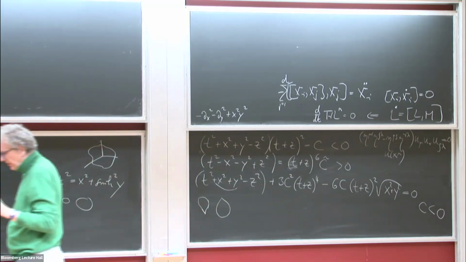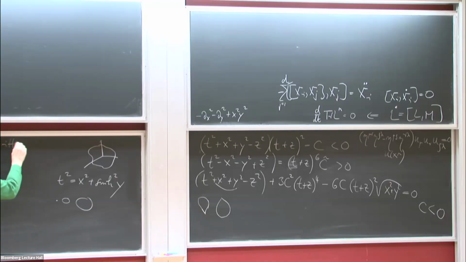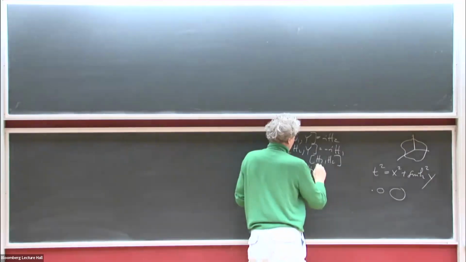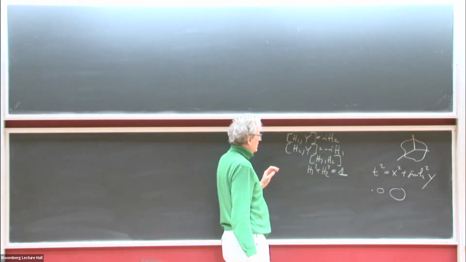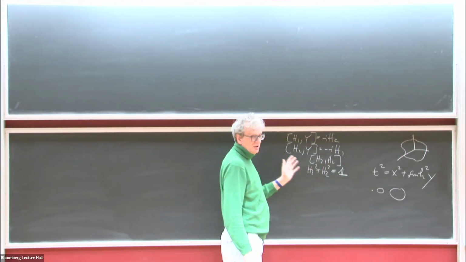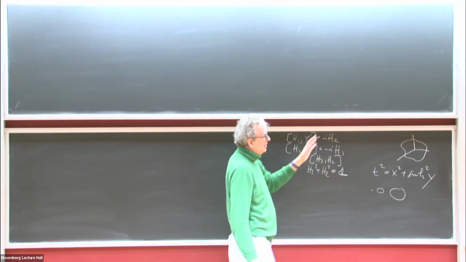I wrote in the abstract one parameter, but it's given in terms of representations of the so-called fuzzy torus. So you have H1 Y = iH2, H2 Y = -iH1, and H1 and H2 commute, and H1 squared plus H2 squared is 1. And any representation of this leads to a one parameter, and there are many representations of this, to solutions of that.